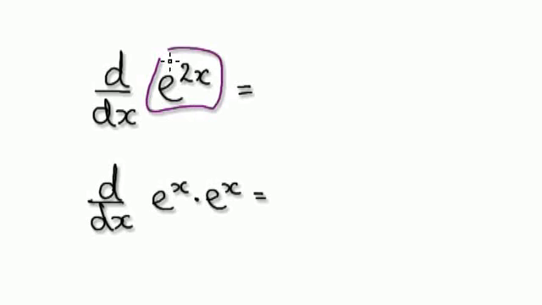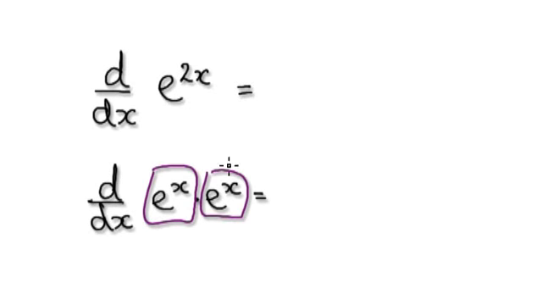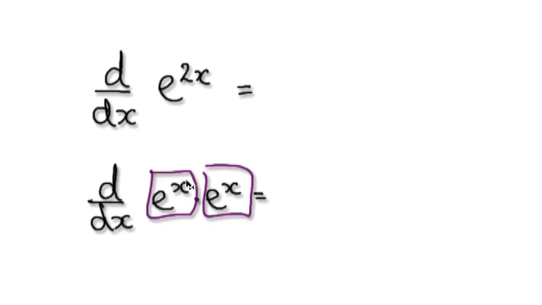So we can start from here and then get to here. Now use the product rule here. The product rule is differentiate this, leave this the same, and then plus leave this the same, differentiate this.